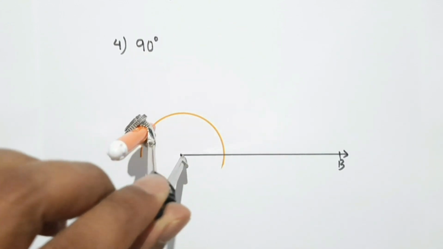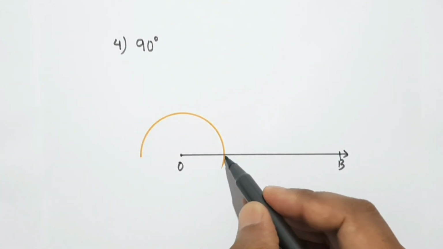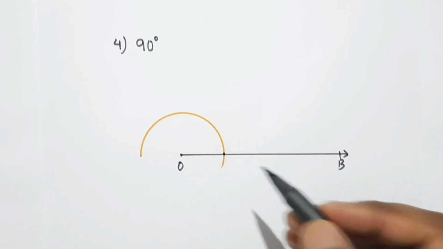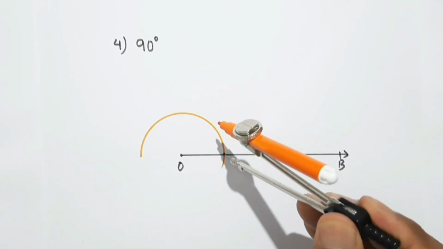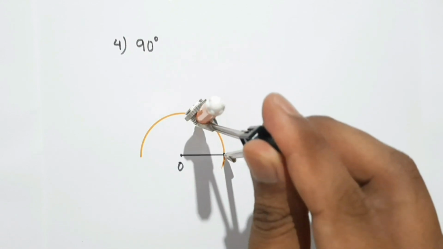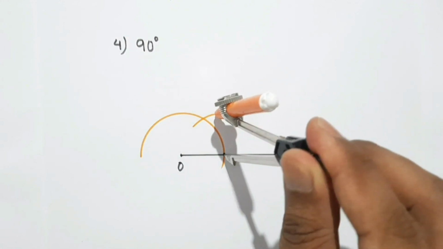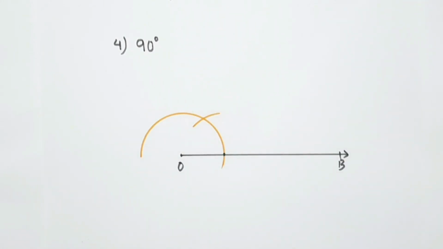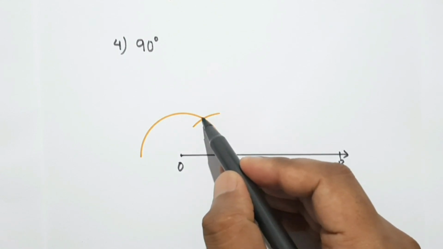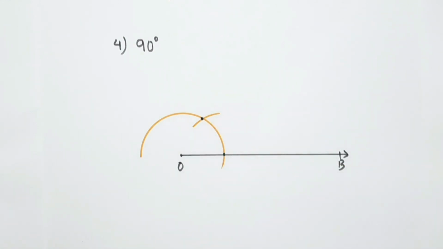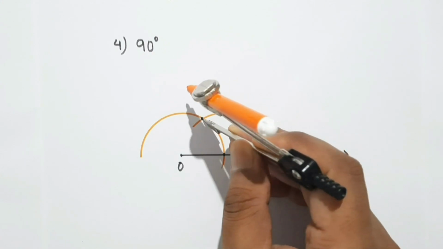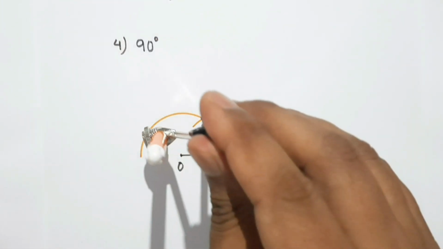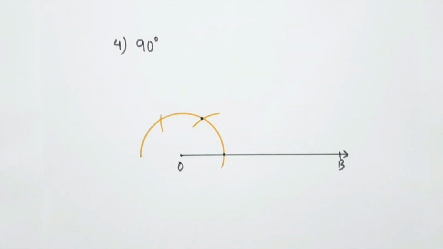First we will take this point as a center, and then we will draw another arc to cut the previous arc. This is our 60-degree, we already know. So again we will make this point as a center and with the same radius of the compass we will make another arc. So this arc is 120-degree.